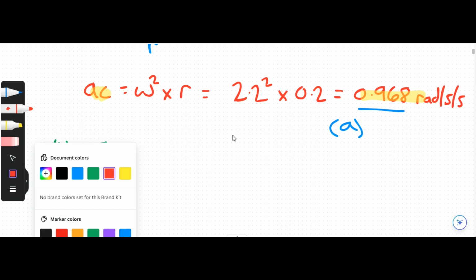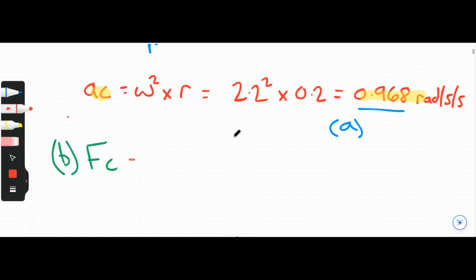A couple of formulas you can do for this. Centripetal force is either m omega squared r, where m is the mass of our pin, which we know, omega is the angular velocity, which we know, and r is the radius, which we know. So I might want to use that formula.